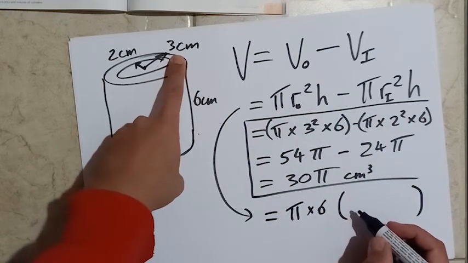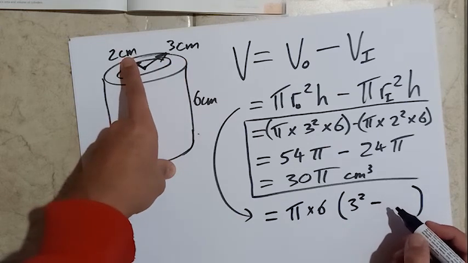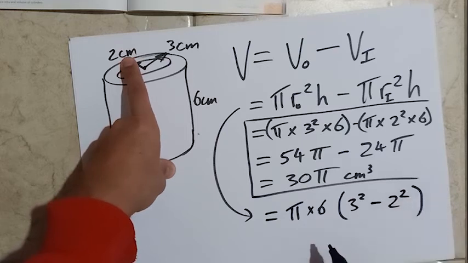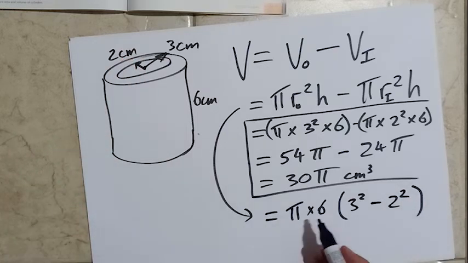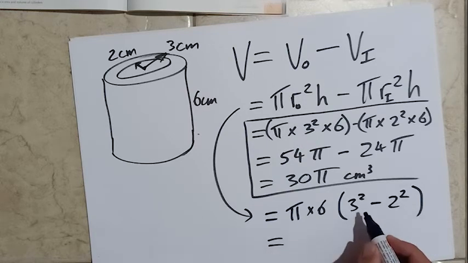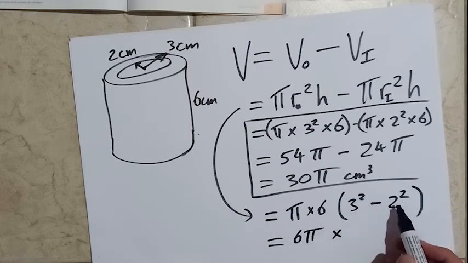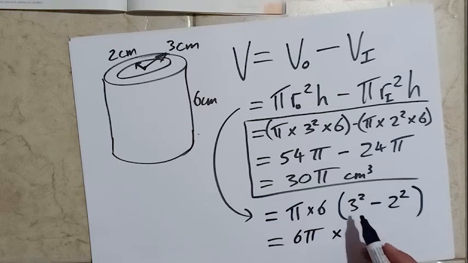So the outside radius 3 squared minus the inside radius 2 squared. So basically, I've got 6 pi, then times this. So let's do that. 6 pi times 3 squared is 9, 2 squared is 4.